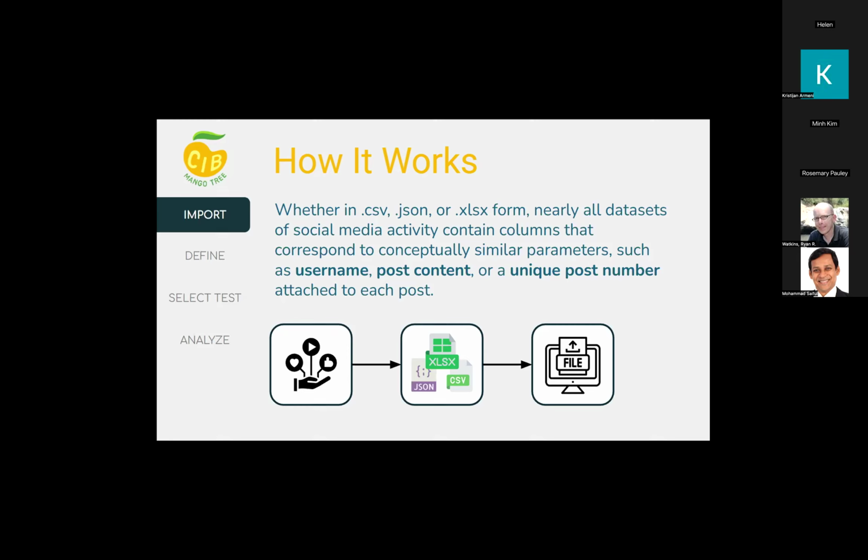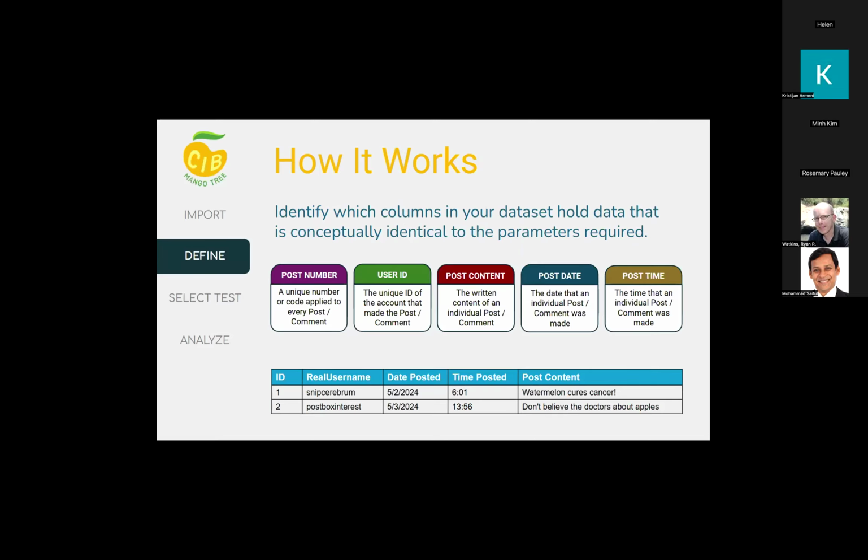Once you import your data, you define what columns you want to extract. When you select a test, it will try to auto detect the columns it's looking for, but you can also go in and modify what it finds, and pick and choose which columns to select.